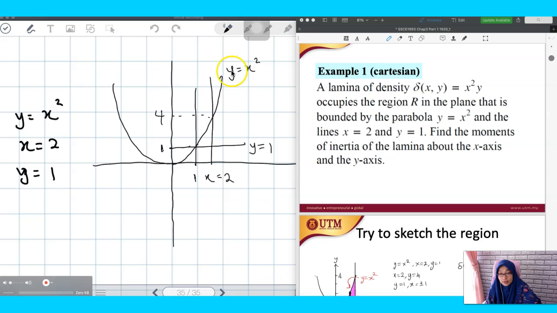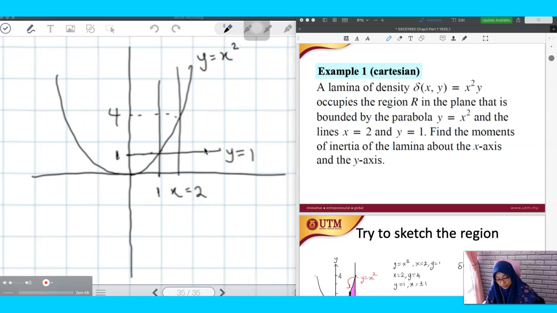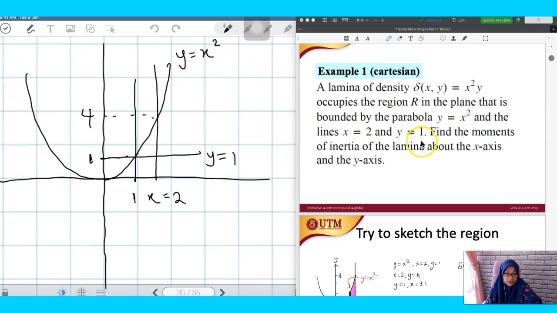When x squared is 1, x is plus or minus 1, and because this is located in the first quadrant, x is positive. Based on the information provided, where should the region lie? Bounded by the parabola and the line x equal to 2 and the line y equal to 1, it should be inside here. So that is your R.